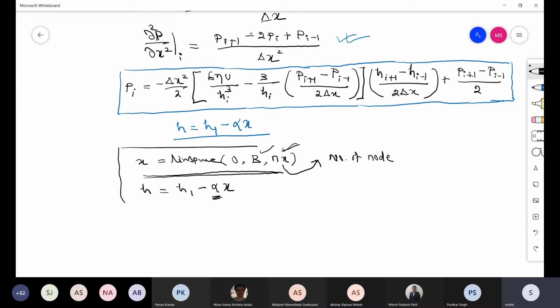Once it is done, define P, which stands for, let us say, pressure. Define P with the same size as your x, all zeros.